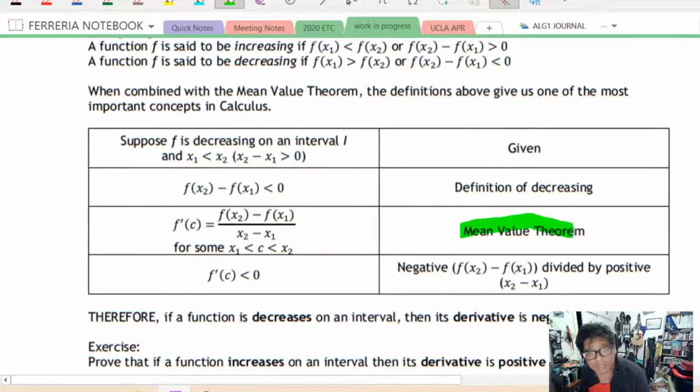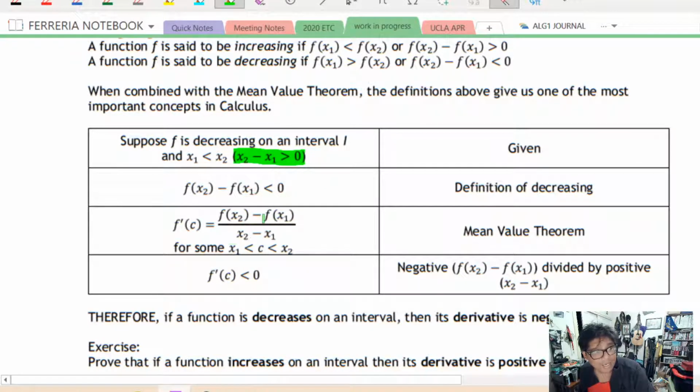That is the mean value theorem almost exactly. Well, look at this. This numerator, f of x2 minus f of x1, has to be less than 0, right? And then this denominator has to be greater than 0. That's what it says right here.